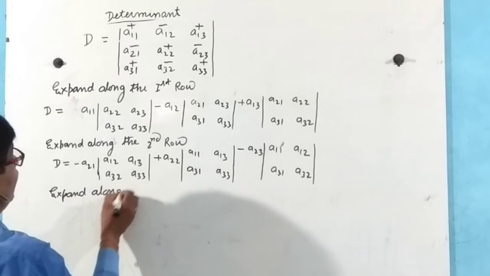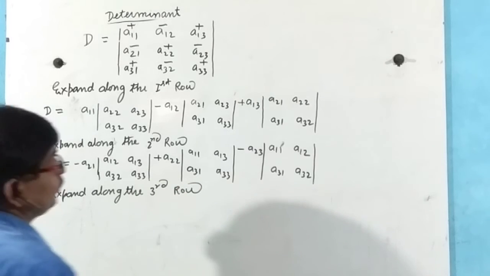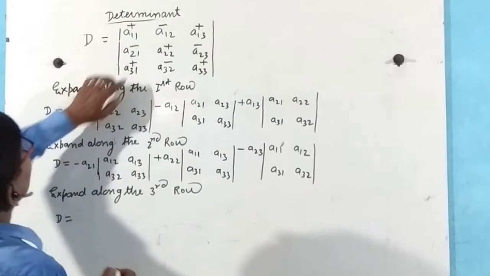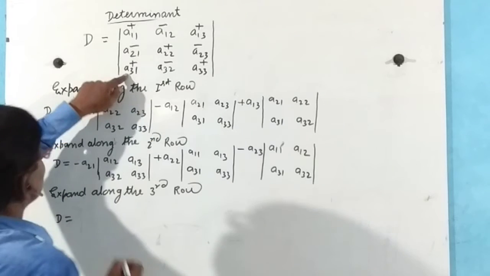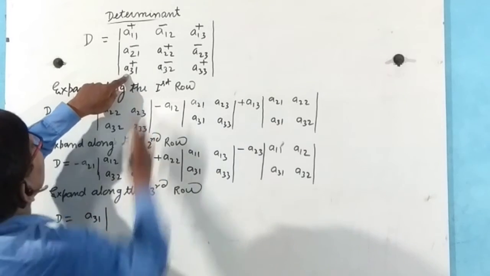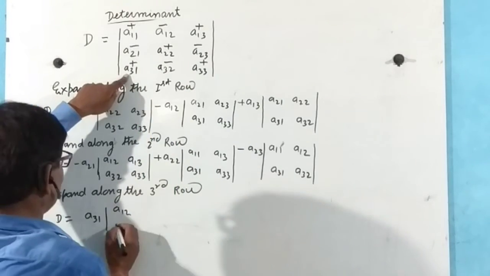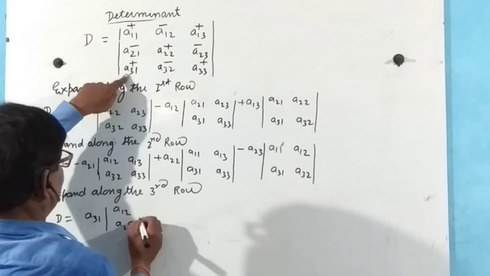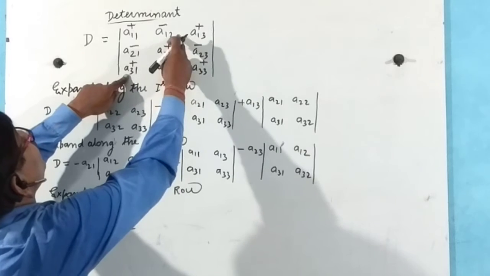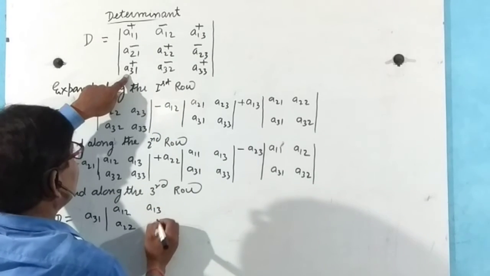Similarly expand along the third row. Now here also D equal to third row means this A31, deleting this and this, A12 and A22, A13, A23.